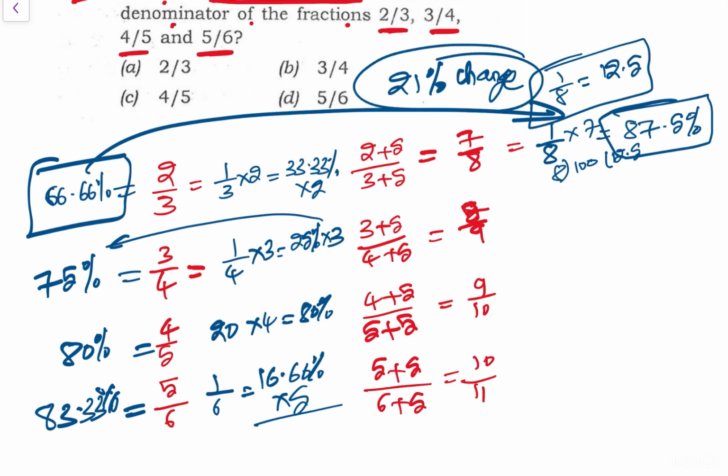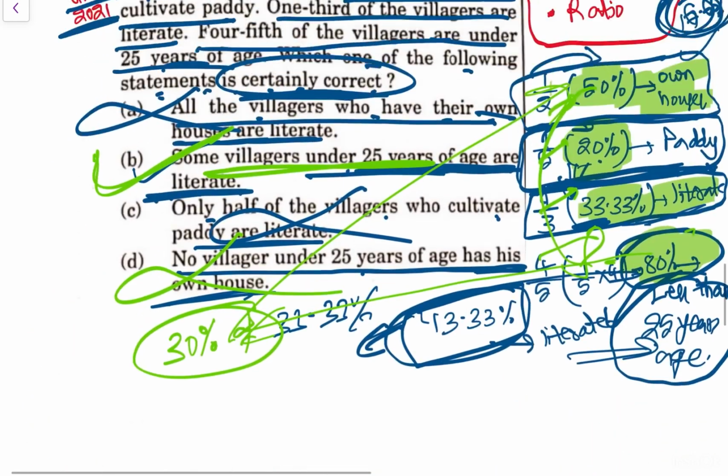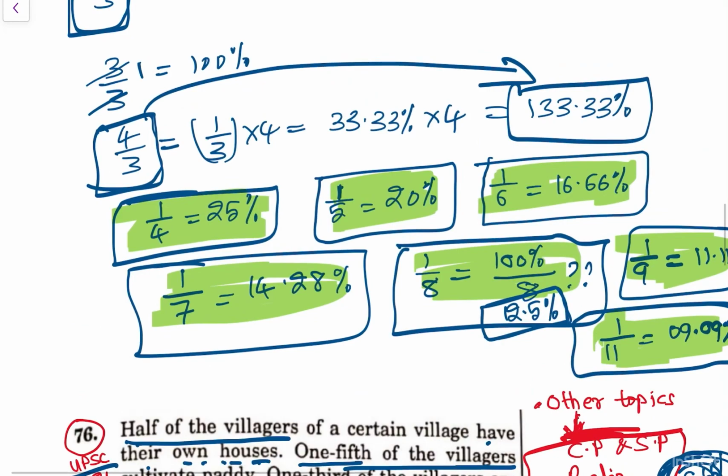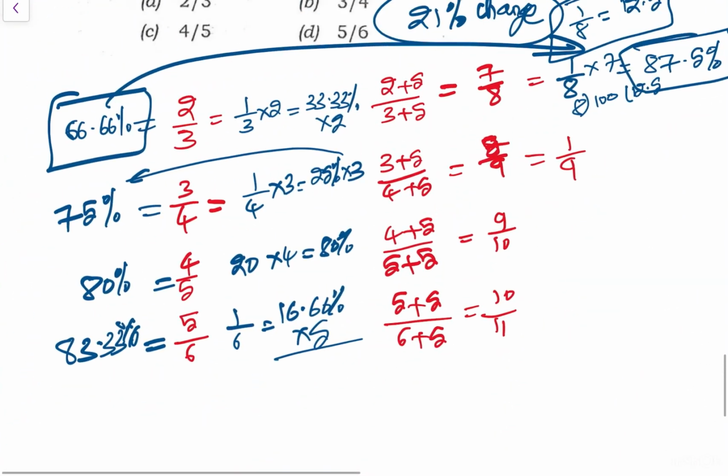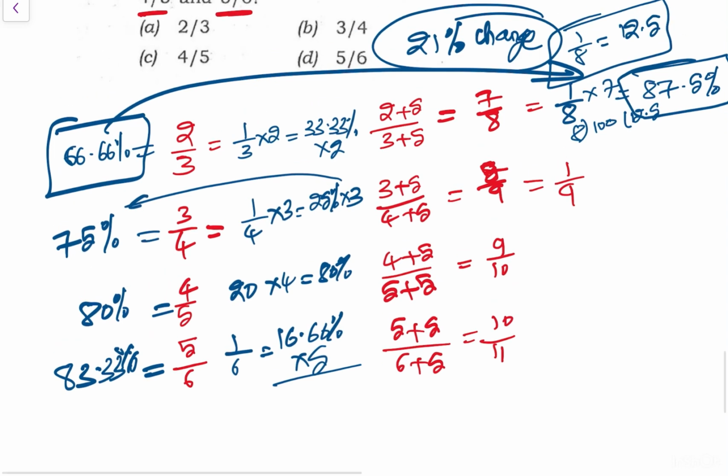Then do the same for 8/9. So what is the value of 1/9? 1/9 is 11.11%, so into 8, 11.11 into 8 is 88.88%.